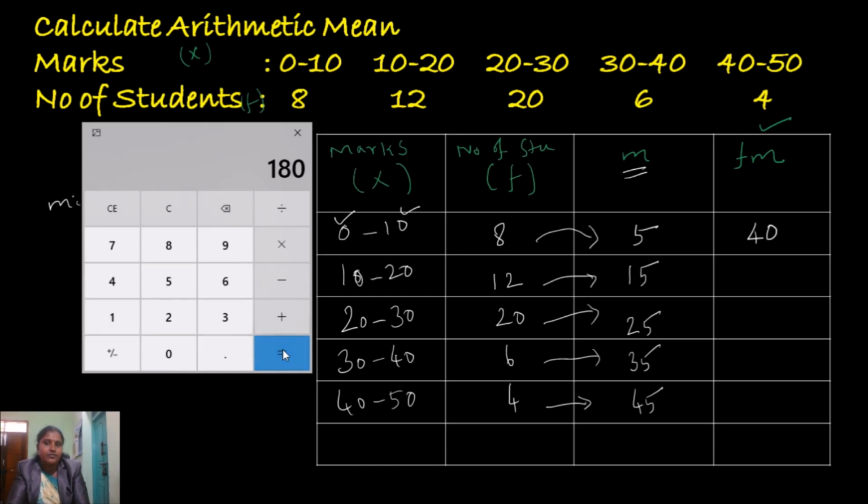Multiply 12 with 15, we have 180. Then 20 into 25, we have 500.